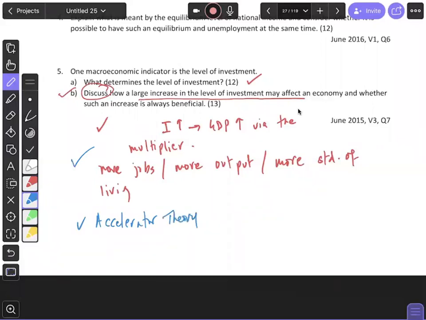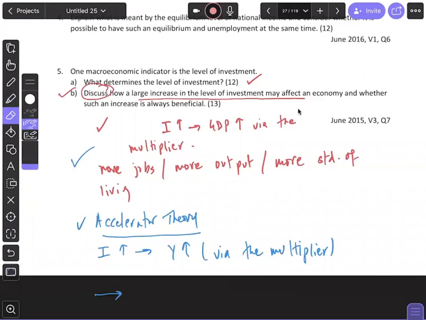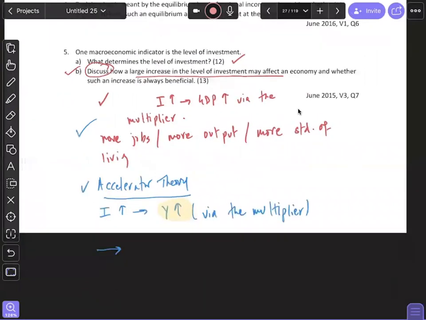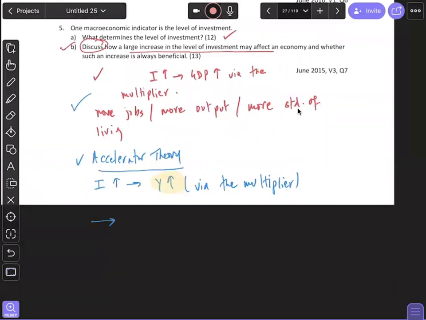According to the accelerator theory, when I goes up, we know Y goes up via the multiplier. But when Y goes up, when GDP goes up, when your national income goes up, what's the impact on your economy?